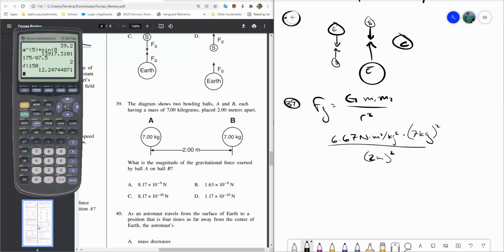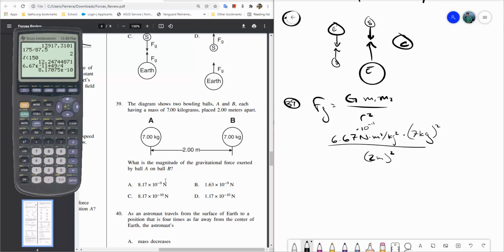Punch all this into a calculator. I'm going to do 6.67 e to the, I forgot to do 10 to the negative 11. I can't believe I forgot the exponent. I would have lost a point on a test. Can't forget that. Times 49, because 7 times 7 is 49. Divided by 4, because 2 squared is 4.